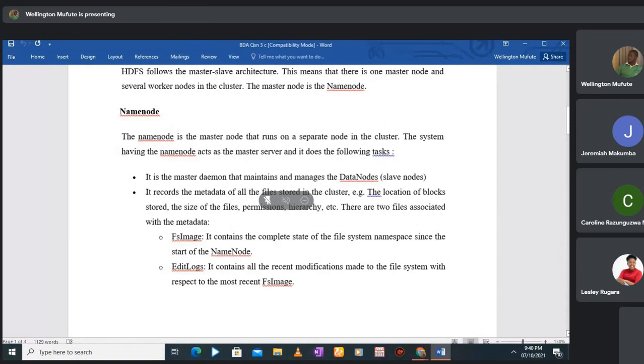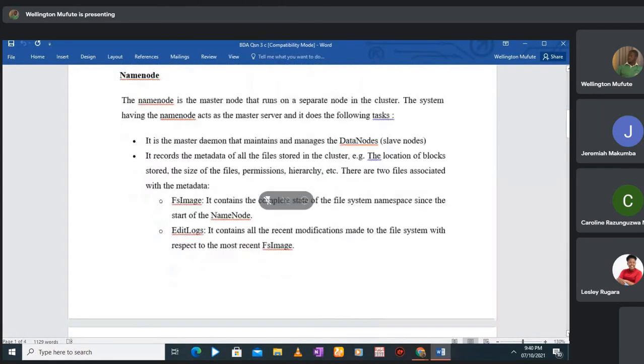There are two files associated with the metadata, which are the FS image. It contains the complete state of the file system namespace. And we have also the edit logs, which contain all the recent modifications made to the file system with respect to the most recent FS image.